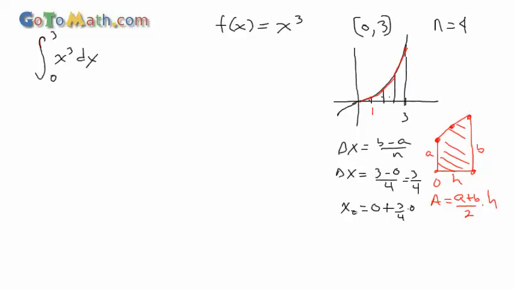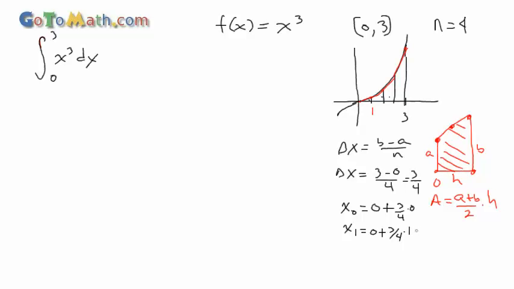So this right here is like if we had the letter i right here. And then the next one, x of 1 is equal to 0 plus 3/4 and 1. So that would be the first one over.